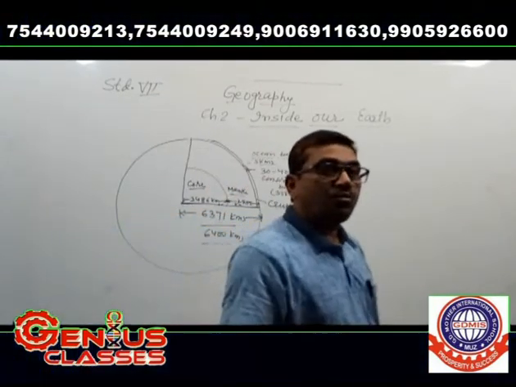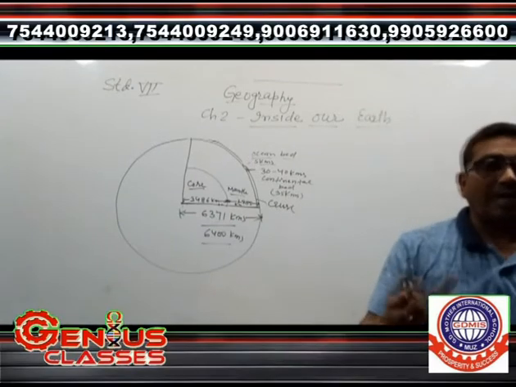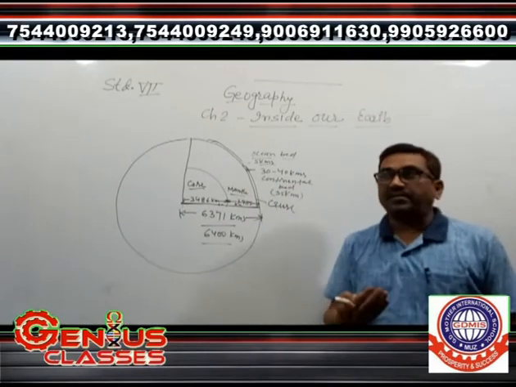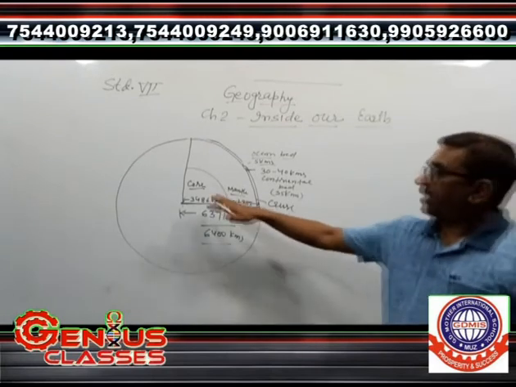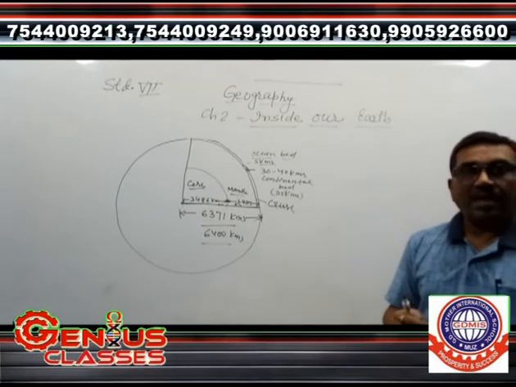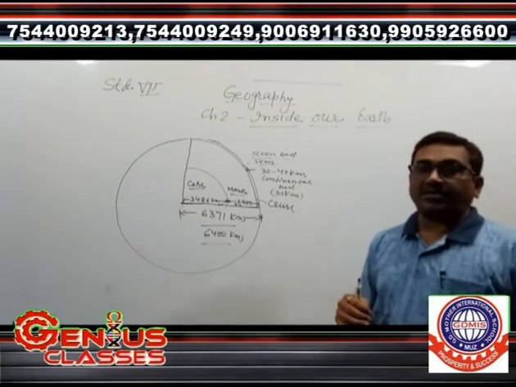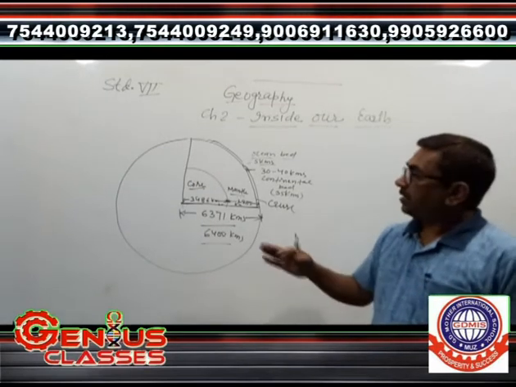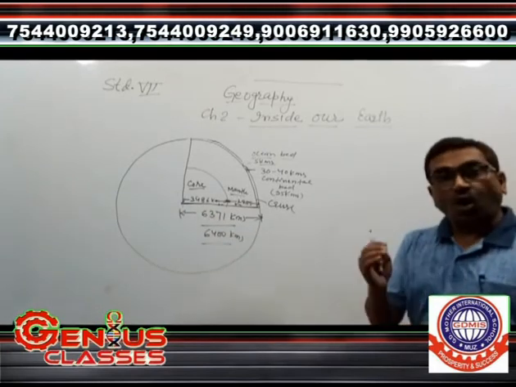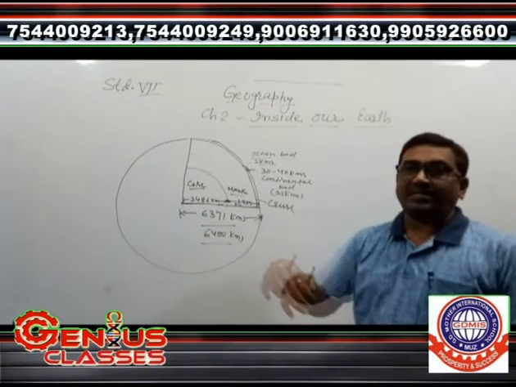It depends on how you are writing it, how you are expressing it, because it is basically the 3 layers. And it depends on what you have been asked, whether it is the layers from inside to outside or from outside to inside.